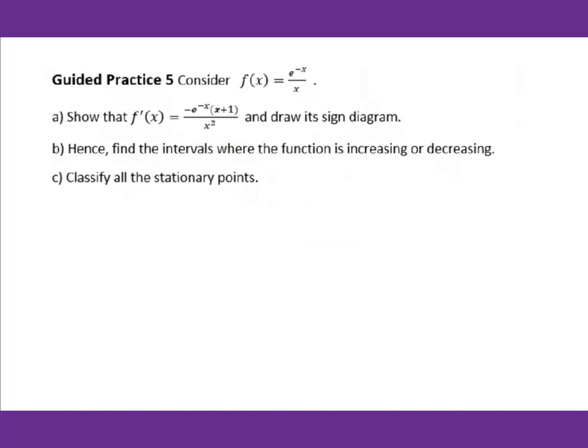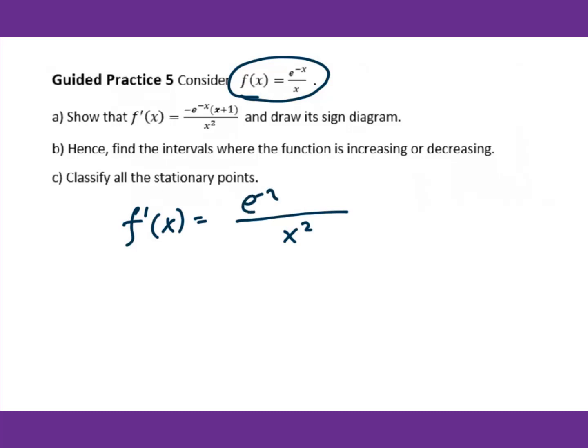Now let's go to guided practice 5. Consider this. Show that. So we still use the quotient rule. Over x squared. E to the negative x power, we do the derivative times x, minus e to the negative x power times the derivative of x.